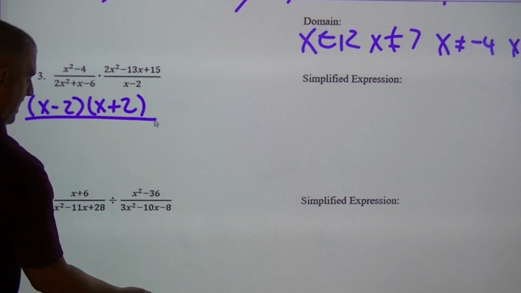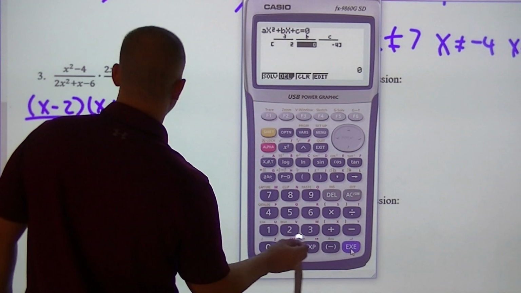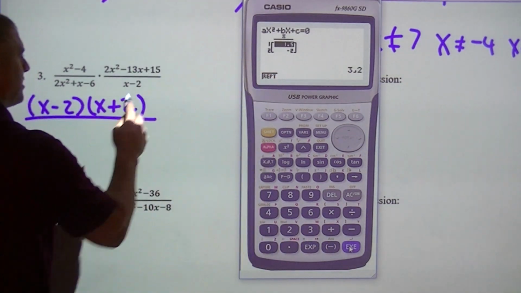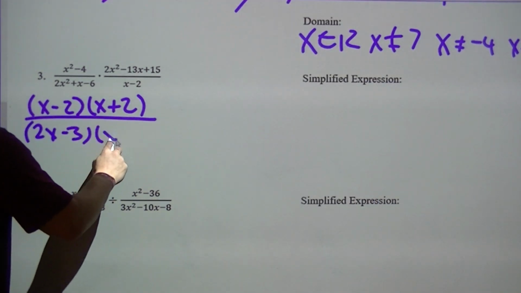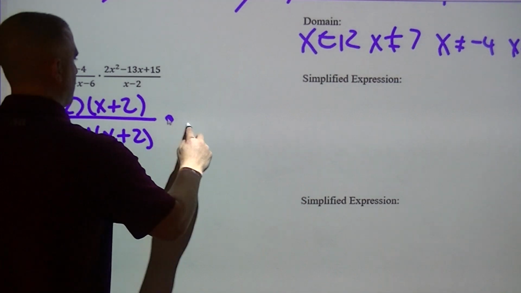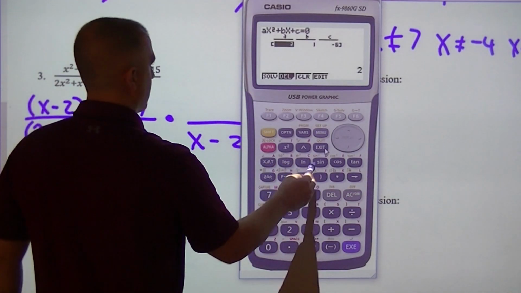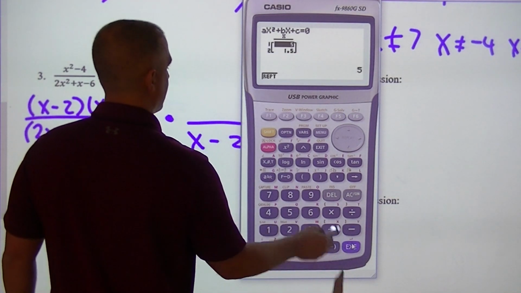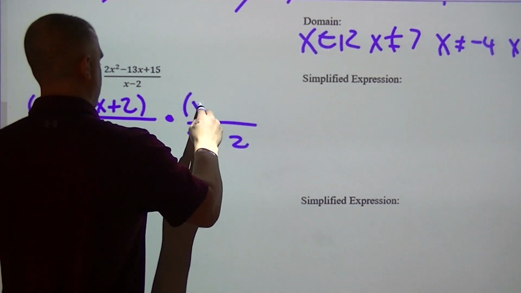Okay, this would factor 2, 1, negative 6. That's going to be 2x minus 3 and x plus 2. 2x minus 3, x plus 2. All right, this one's already done for me. Let's factor this one up here. 2, negative 13, 15. That's going to be x minus 5 and 2x minus 3.